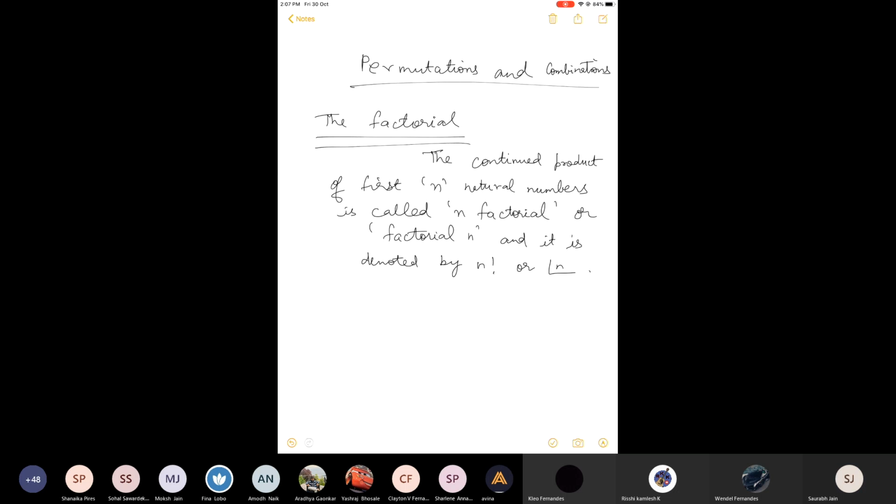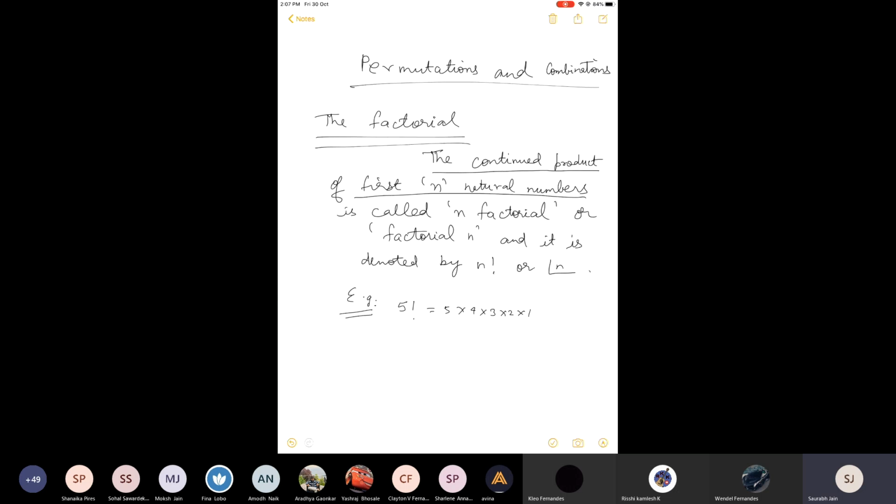Okay, what is the meaning? For example, if you have to find 5 factorial, it means the continued product of first 5 natural numbers. We write it like this: 5 into 4 into 3 into 2 into 1.